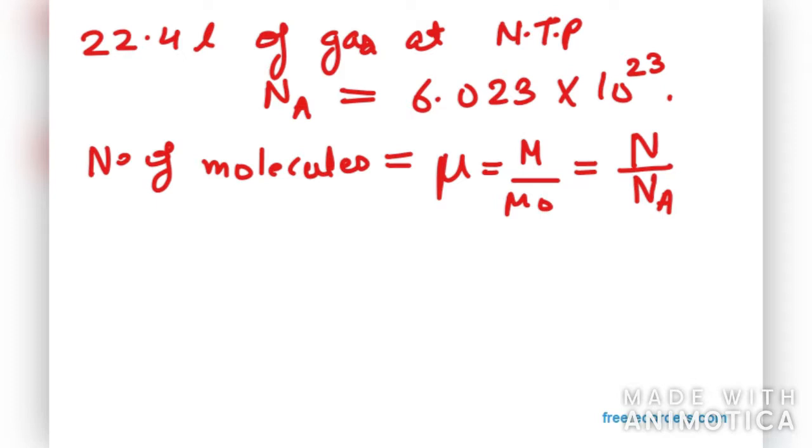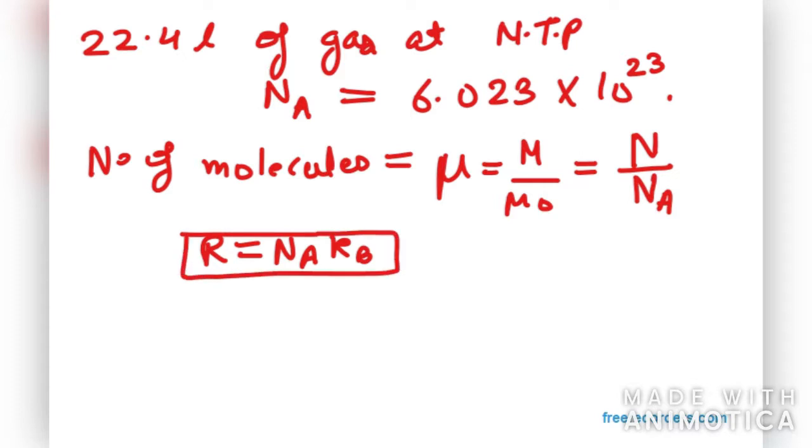So as you know, R can be written as Na Kb. Na is the Avogadro constant and Kb is the Boltzmann constant. So the value for R is this.